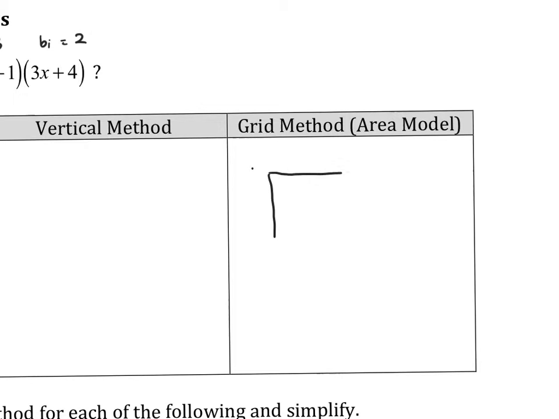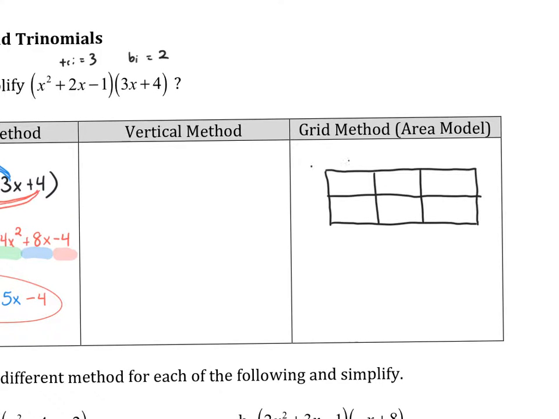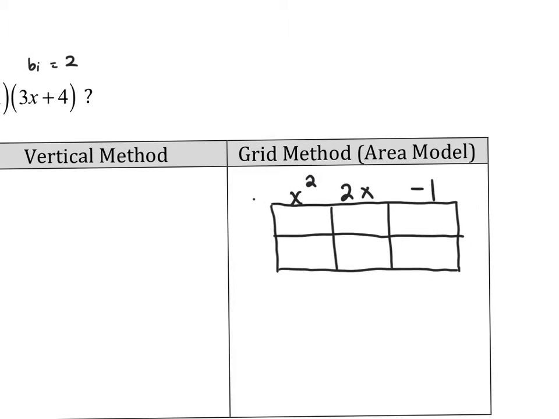So my grid, notice I'm leaving some space above and to the sides, because I need some room to write things. So I'm going to write the trinomial on top, x squared, 2x, negative 1. And I'm going to write the binomial along the side wall there.